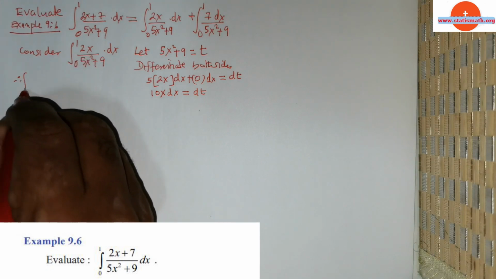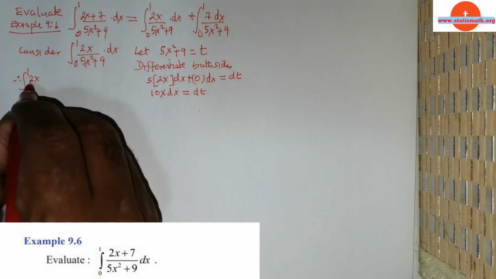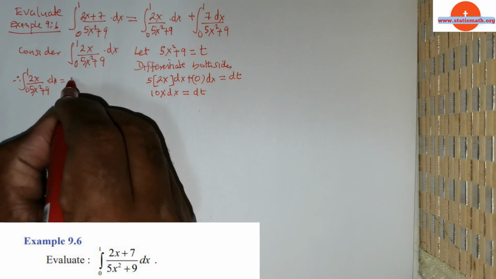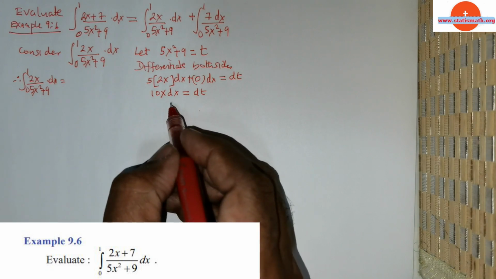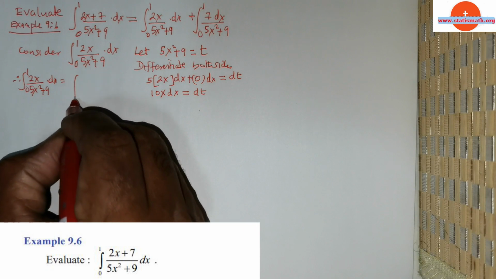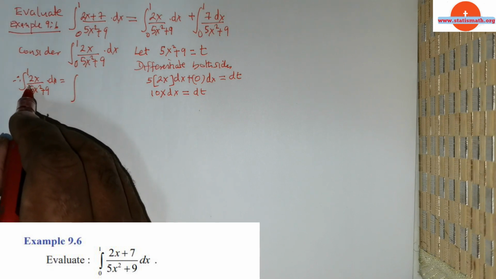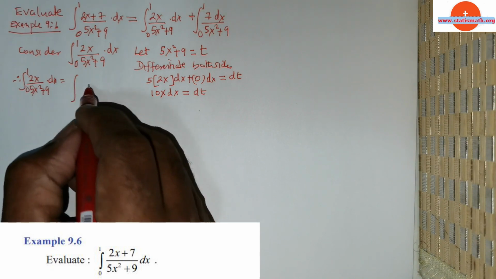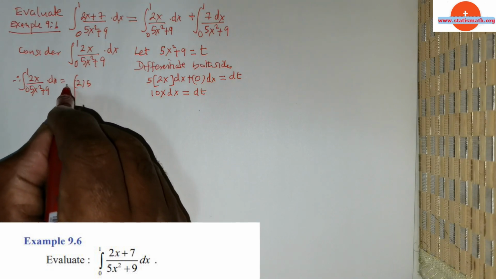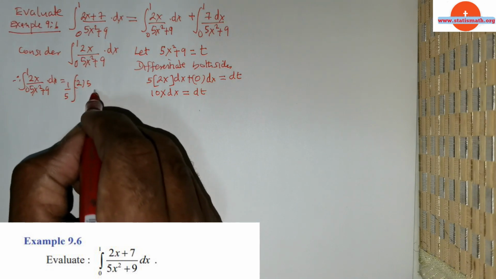So therefore, the integral from 0 to 1 of 2x divided by (5x² + 9) dx can now be rewritten. I've got 10x dx as dt. I need to have a 10 there, but I don't have a 10. So I would multiply the numerator by 5 and the denominator by 5.